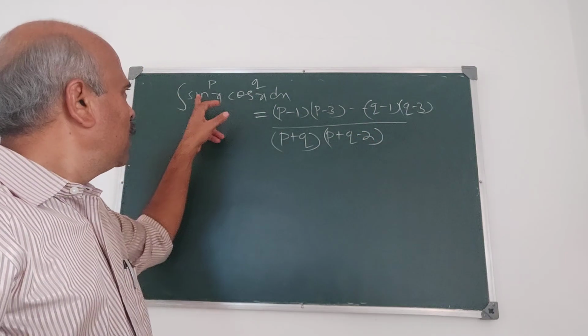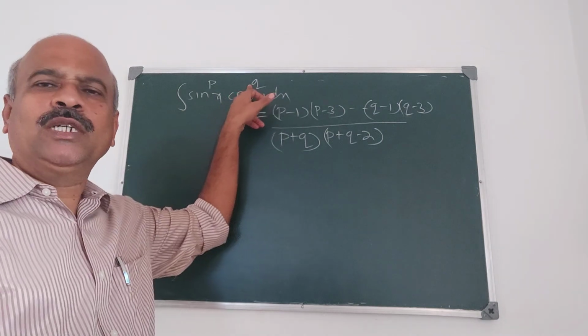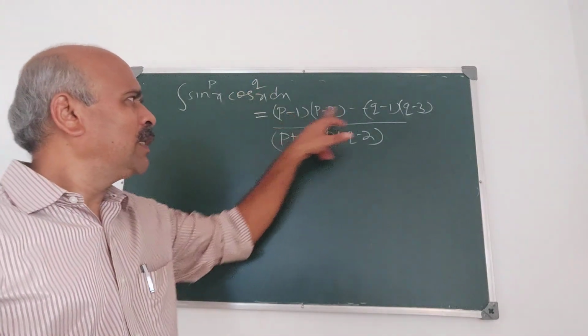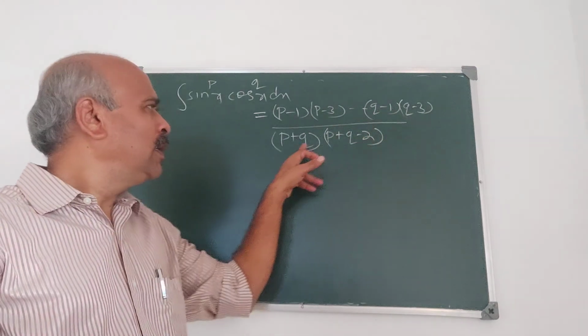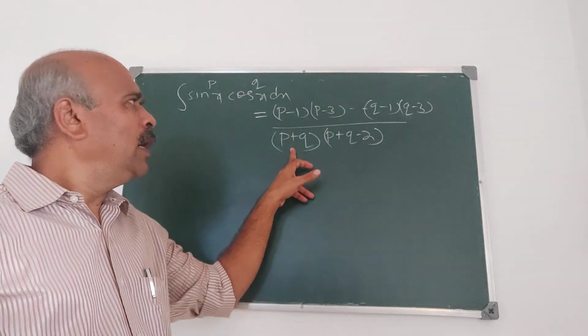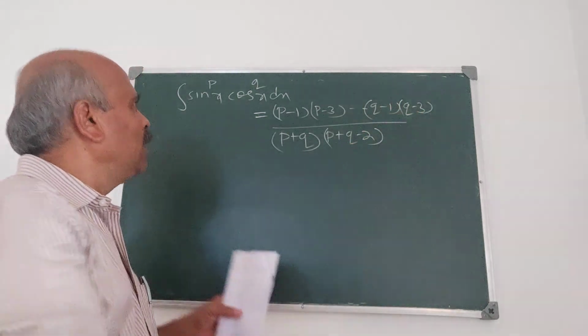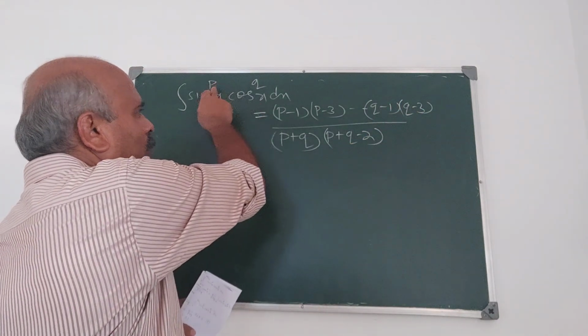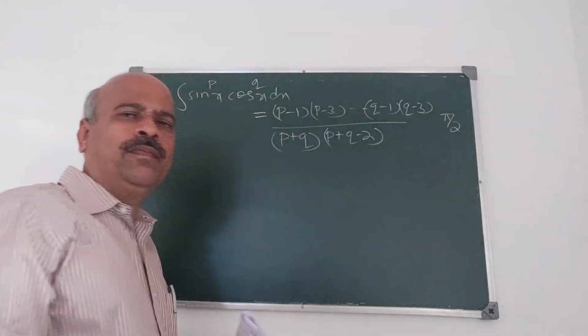Sin x raised to p cos x raised to q dx, where p and q are positive integers, is given by three factors: p minus 1, q minus 1 in the numerator, and p plus q in the denominator, and each factor decreases by 2. If p and q both are even, then it is multiplied by pi by 2.